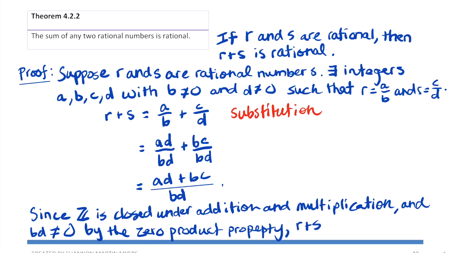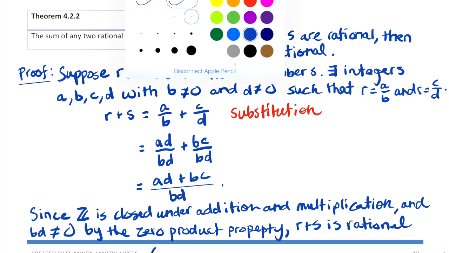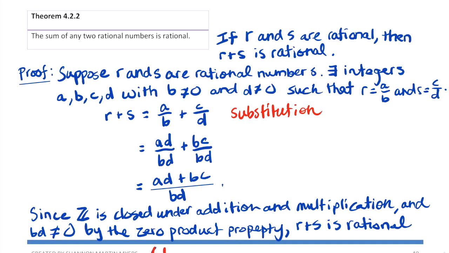R plus S is rational. And that's by definition of rational numbers. And we're all done with that proof. Isn't this fun?